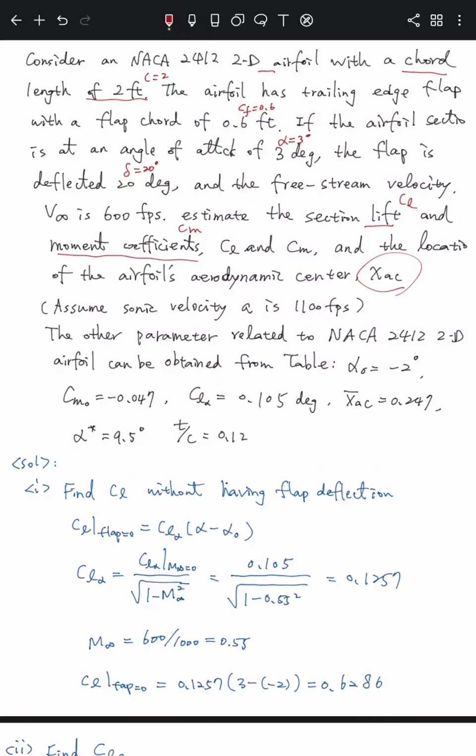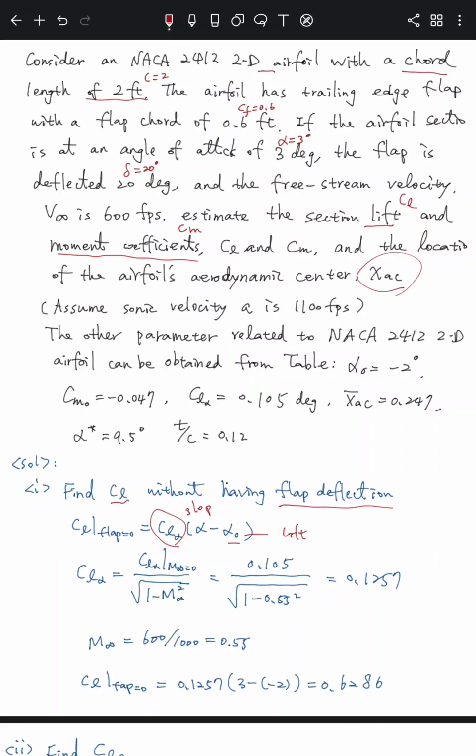In the first step, let us find CL without flap deflection, which equals CL alpha times alpha minus alpha 0. I mentioned that alpha 0 means the angle of attack with no lift, and CL alpha is the slope. The concept is very easy.